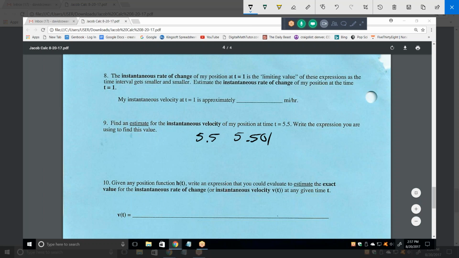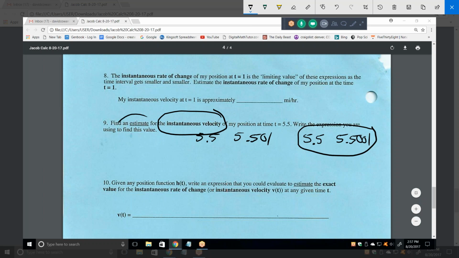Then find out what the average rate is between 5.5 and 5.5001. And so forth and so on. In other words, make that differential get smaller, and it's going to approach the true instantaneous velocity. Even though you don't quite know how to figure it out yet, you can estimate it, because whatever that is, that's going to be a really, really good estimate of your instantaneous velocity.